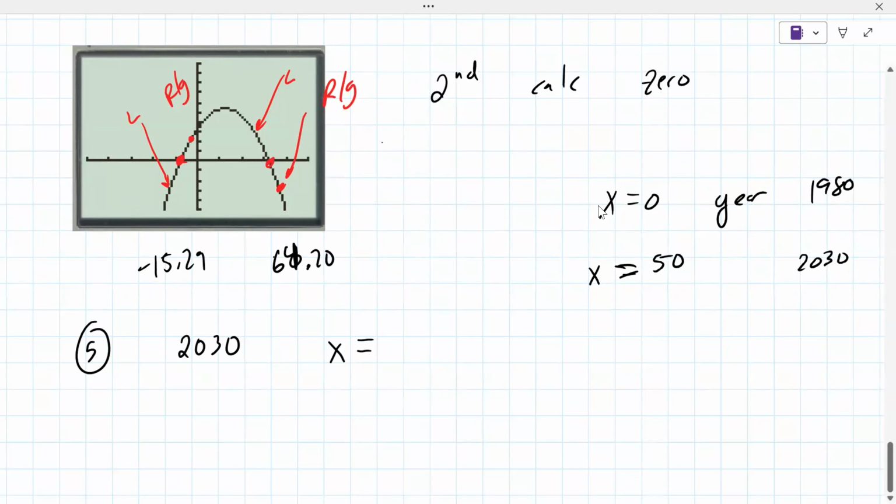So then I will insert 50 into the original equation.